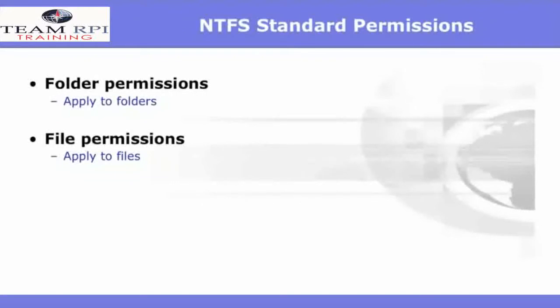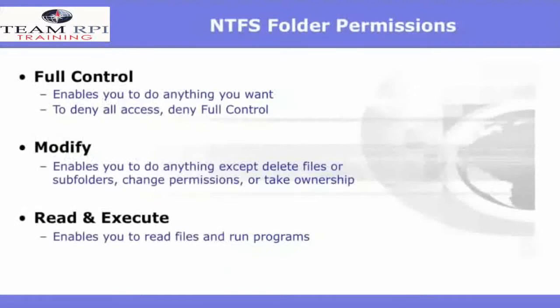Folder permissions apply to all folders, and file permissions apply to all files. When you have full control, you are enabled to do anything you want, or to deny all access. When you have modify permissions, it enables you to do anything except delete files or subfolders, change permissions, or take ownership.